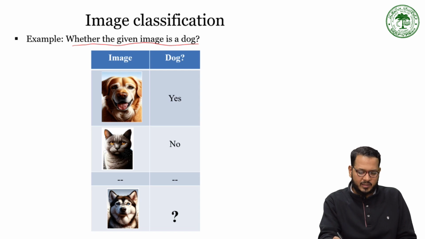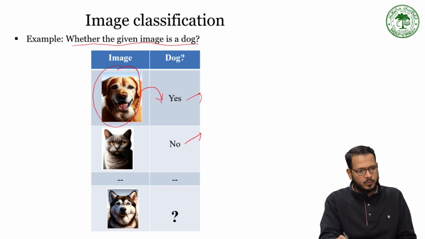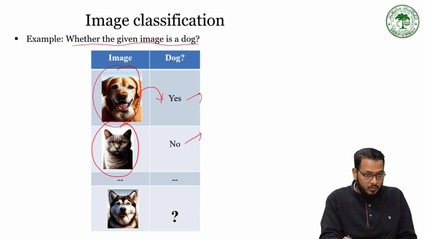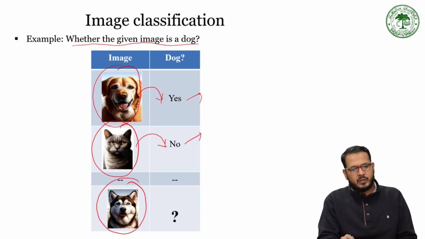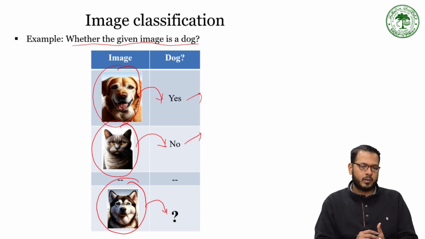So the answer is either yes or no. Sometimes you will find images of a dog and the answer should be yes in those cases. Sometimes you will find a not dog, in this case a cat, the answer should be no. And then the objective is, given some unseen image, to predict whether it is a dog or not.